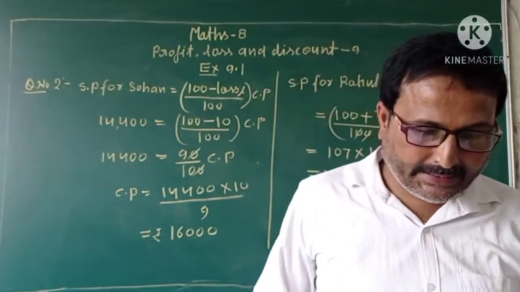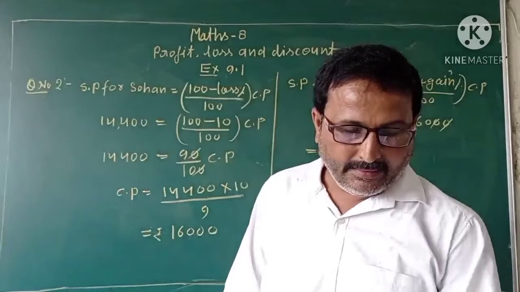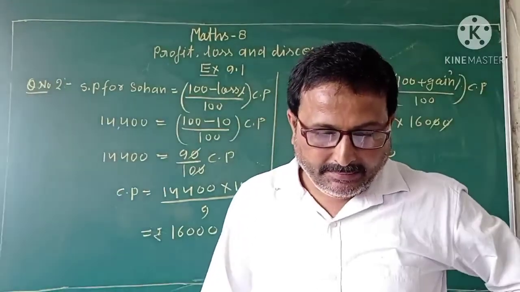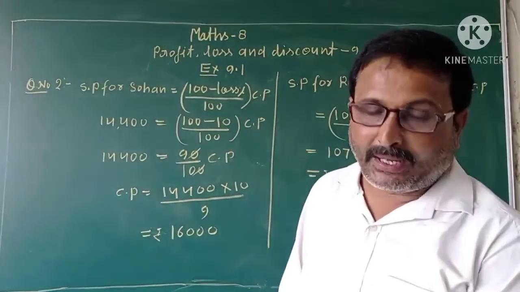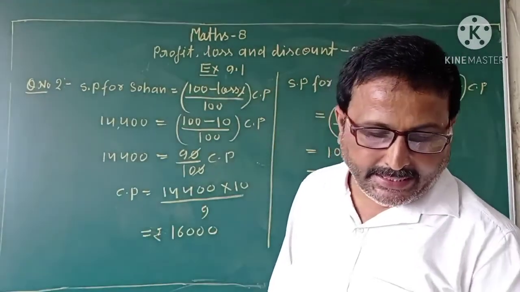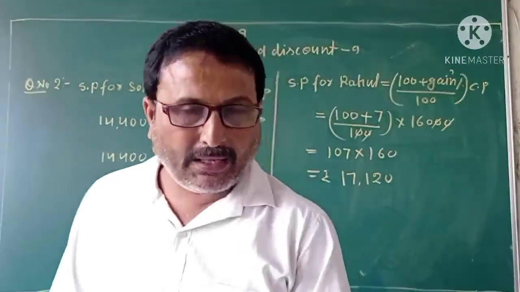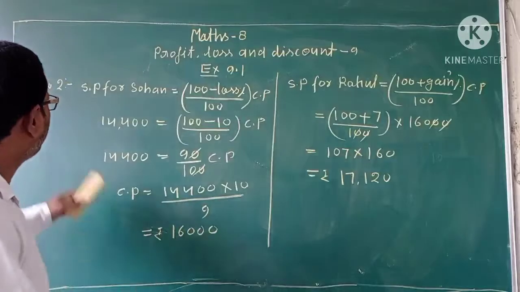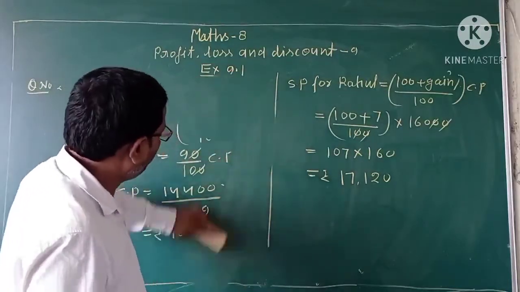Given, a goldsmith bought 100 gram gold for rupees 54,000 from a wholesaler. Then he sold it at a gain of 10%. Calculate SP of 10 gram gold for the goldsmith.